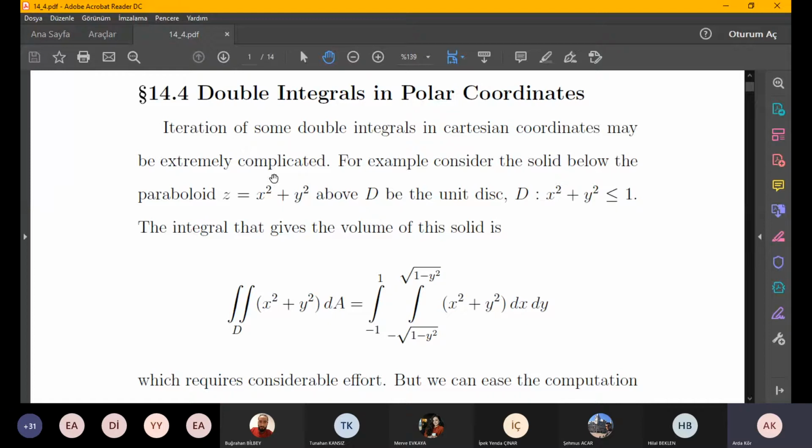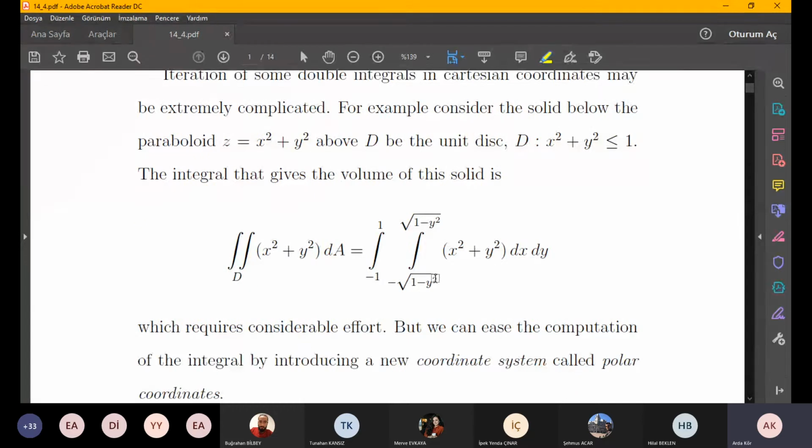So for such domains, we can use other methods. For example, if we consider the solid below the paraboloid that you can see here, x squared plus y squared, above D, the unit disk, which is x squared plus y squared smaller or equal to 1, then the volume of that solid is defined by that double integral, as we defined in the first chapter of double integration, of x squared plus y squared over D, and we know D is the unit disk.